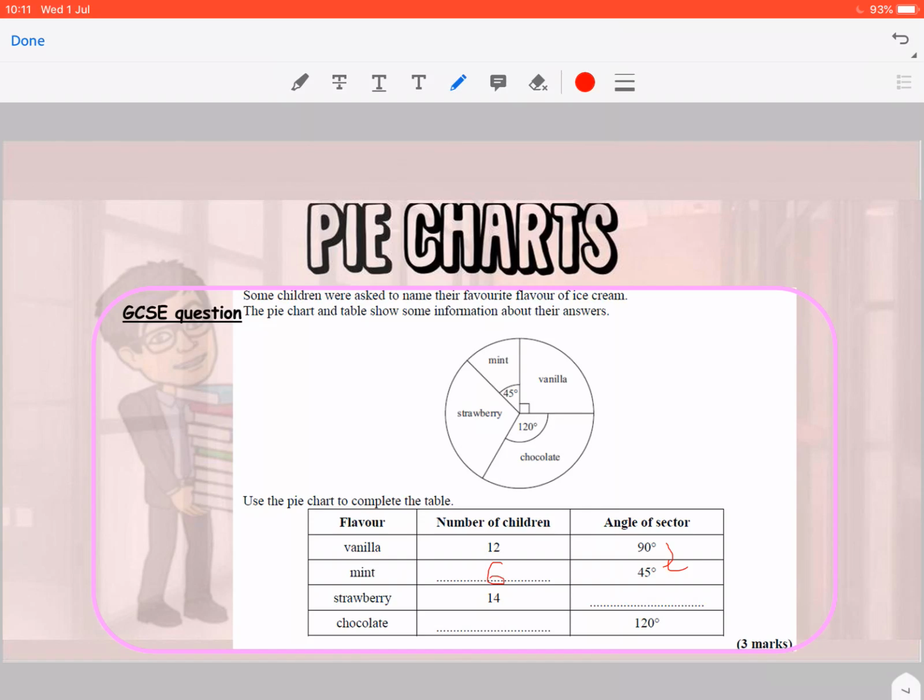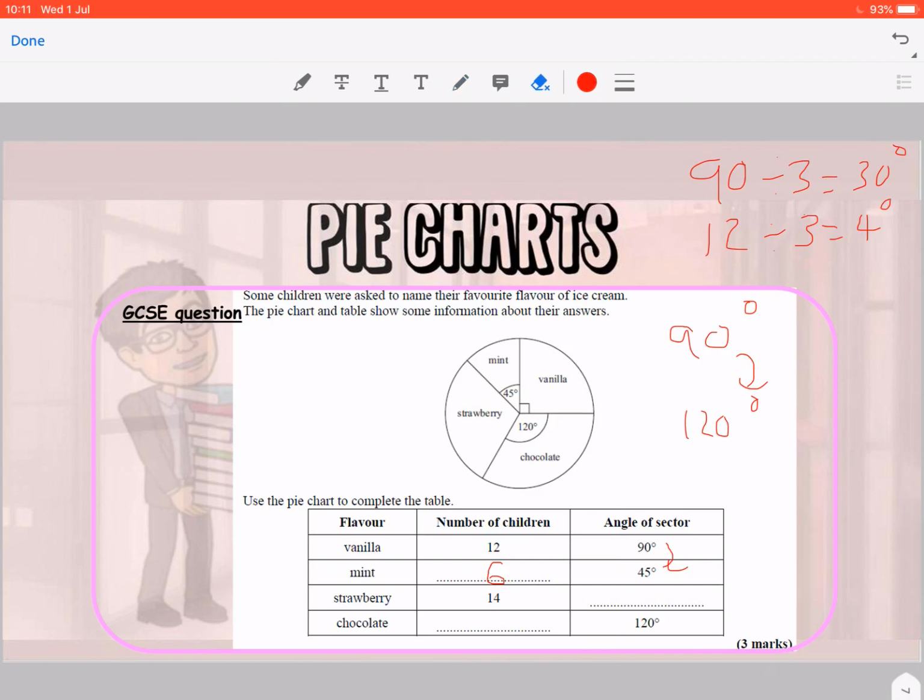If I'm looking at 90 degrees and 120 degrees, if I want to get from 90 degrees to 120, I need to work out what 30 degrees is worth in people. So if I divide the 90 degrees by 3, I get 30. If I divide the number of children, 12, by 3, I get 4 children.